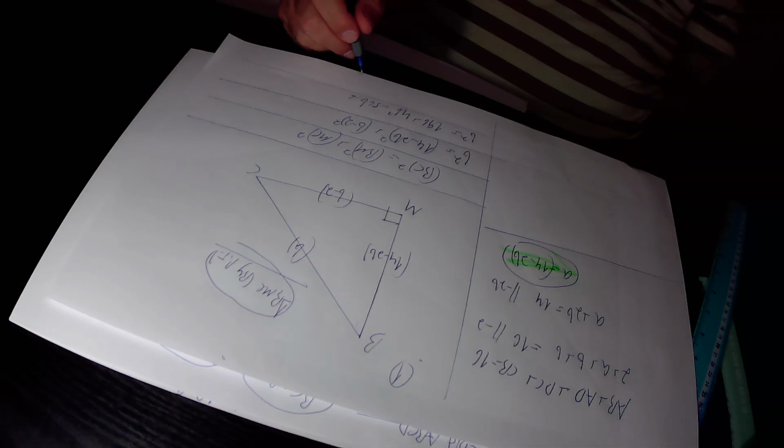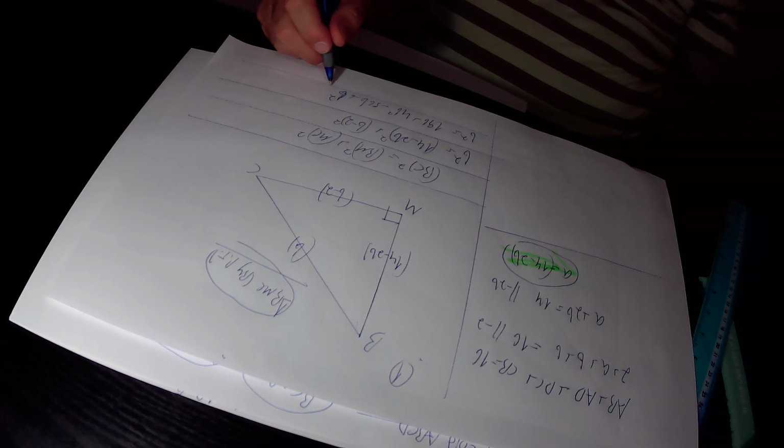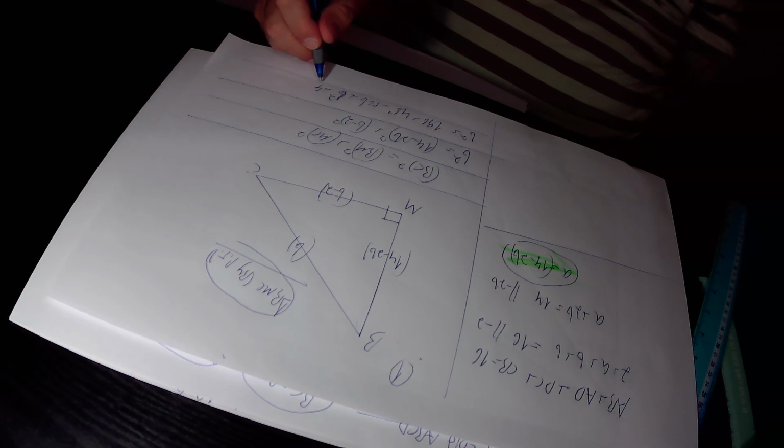(B minus 2) squared equals B squared plus 2 squared, that is 4, minus 2 times B times 2, that is minus 4B.